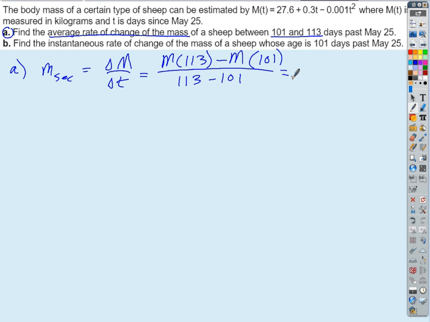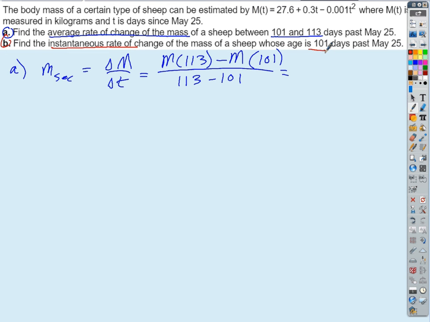Okay, now how's that different from part B? Find the instantaneous rate of change at day 101. So what's instantaneous rate of change now? What's that connecting us to? Derivative, right? That is the slope of a tangent line.